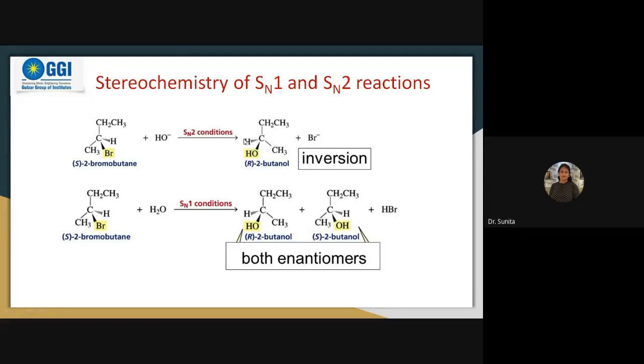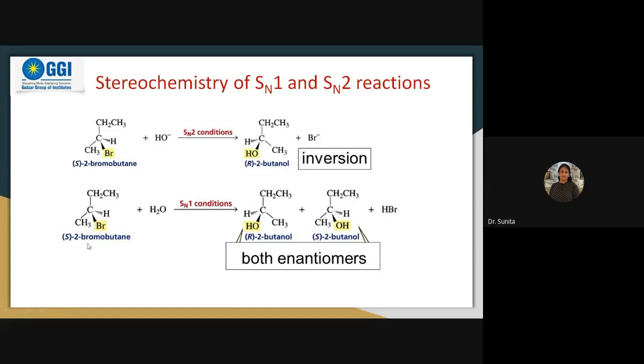If we see the rotation, it is clockwise, and if it is clockwise and ends toward the right hand, we call it R, rectus, and S for sinister. So this is the R stereoisomer of 2-butanol. You can see the geometry here: inversion takes place, so the product is inverted.